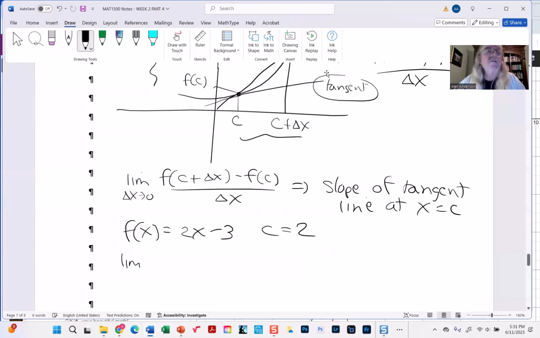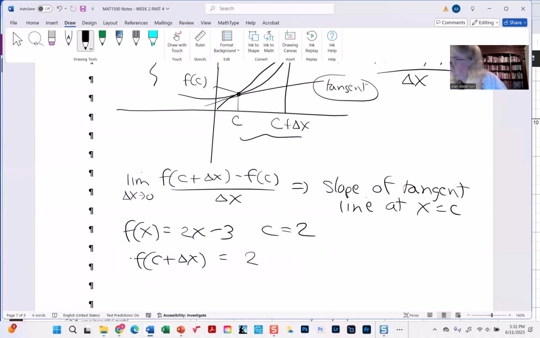So we have to be a little careful here. First of all, what is f of c plus delta x in this case? What that's saying is wherever you see an x in the original function, replace it with c plus delta x. But c is 2.